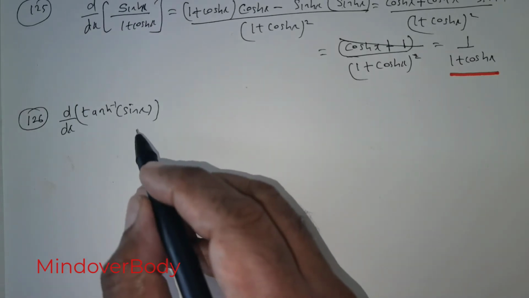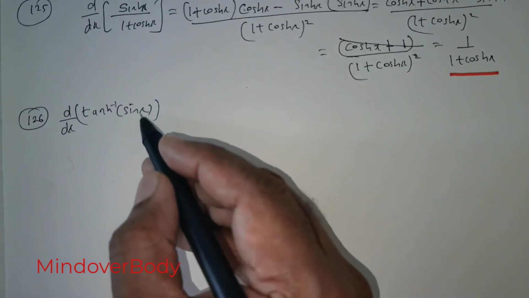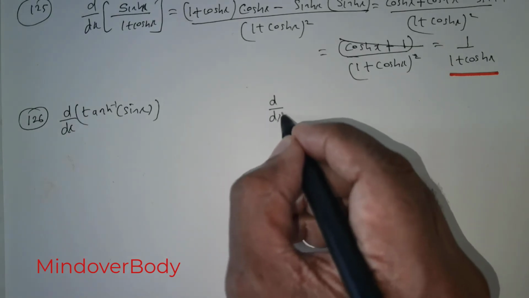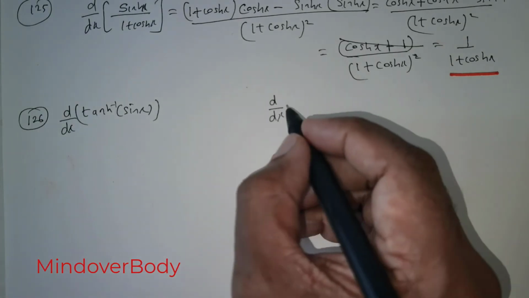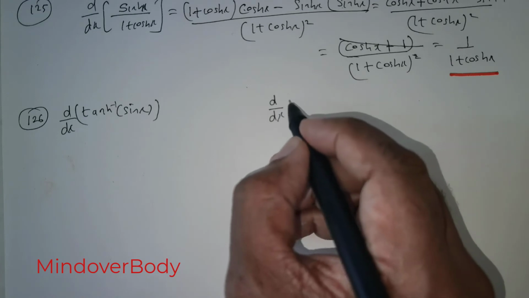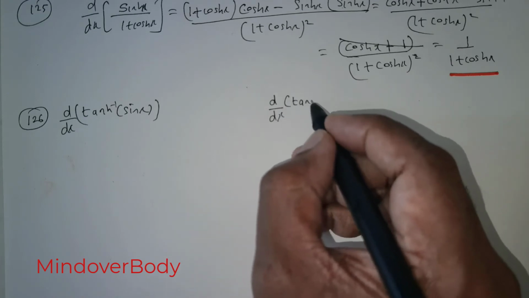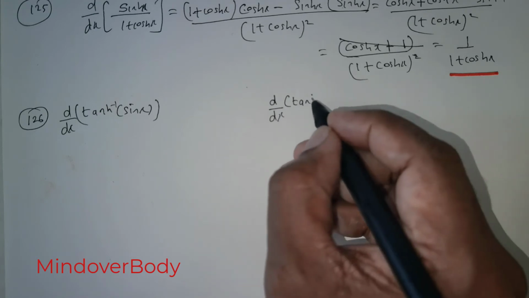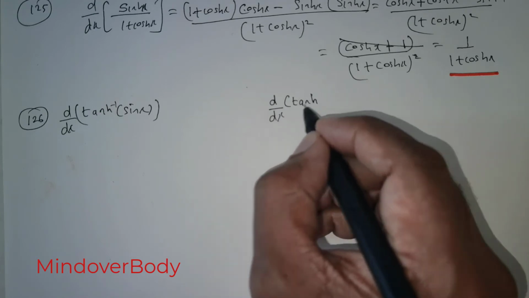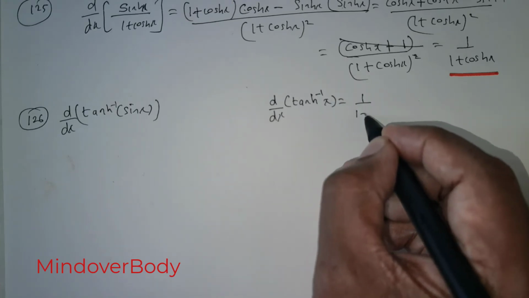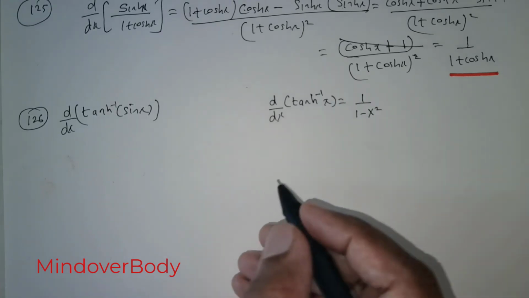Students, we are expected to differentiate hyperbolic tan inverse of sin x. Now foremost, it is imperative that we know the differentiation of hyperbolic tan inverse. So before that, let me just specify what it is. We have already found that the derivative of hyperbolic tan inverse of x is 1 over 1 minus x squared.